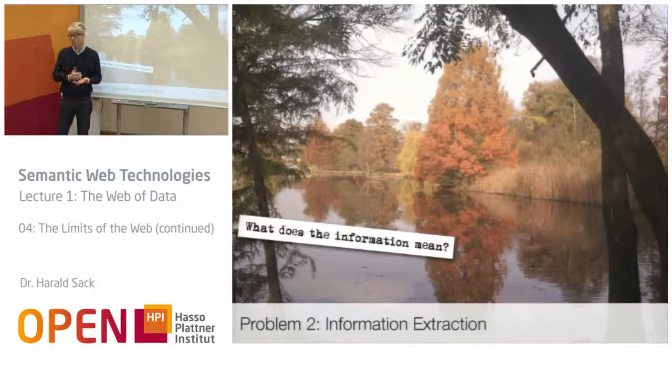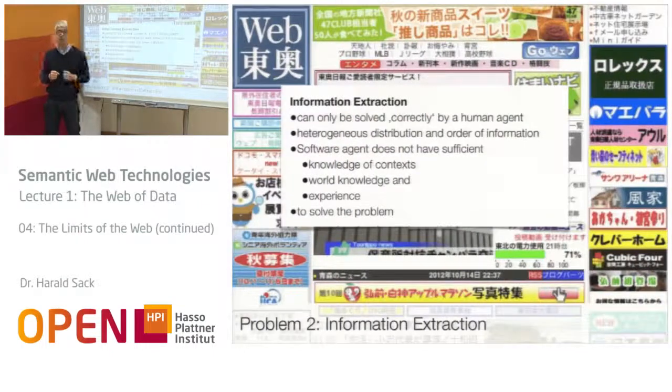For example, you also can consider that you have an image of a text. Then for us, of course, it's obvious we can read the text, but the machine not necessarily can read the text within a picture. So this is really difficult, to get the information out of the web page. This can only be solved correctly by a human agent.